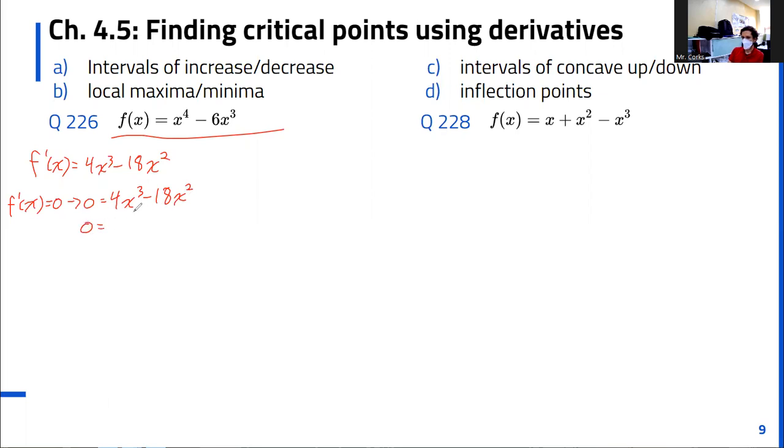What can we factor out? With the coefficients, we can factor out a 2, and with the x's, we can factor out an x squared. So 2x squared times (2x minus 9), like this here.